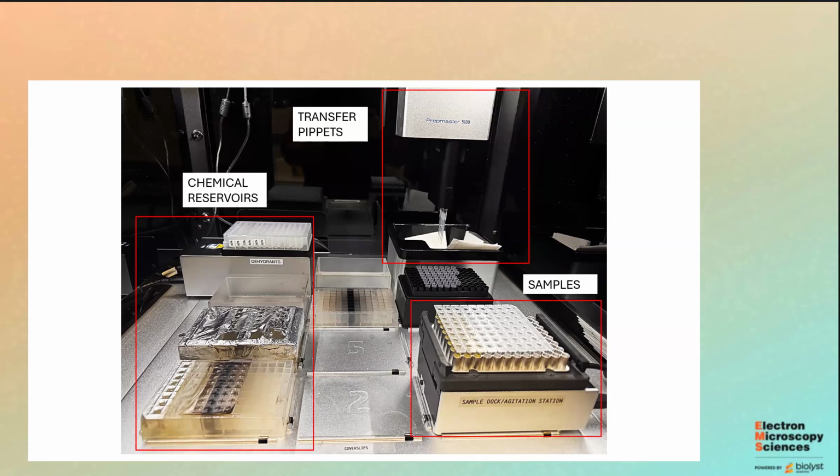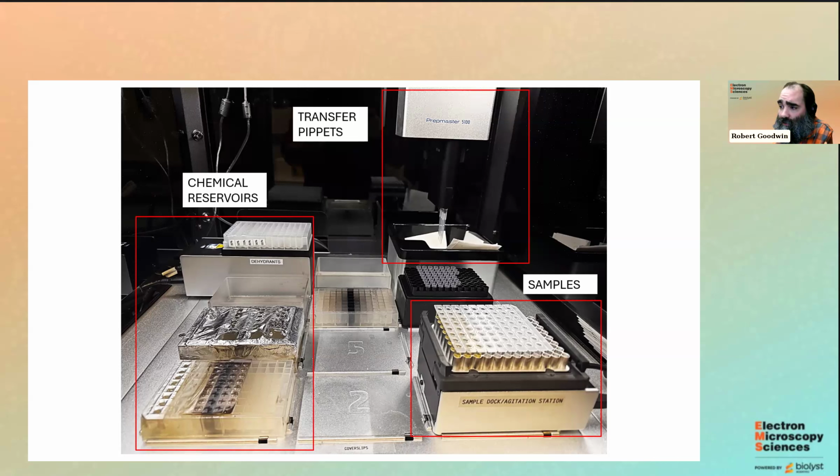Can we rotate the sample while processing? To rotate it? No, there's no rotation of it, but it's agitated, and while it's not moving a whole lot, the chemicals are moving in there. So in a sense, it is rotating.